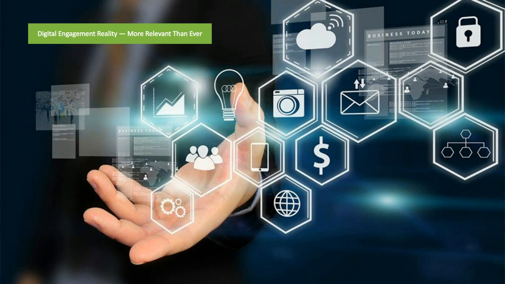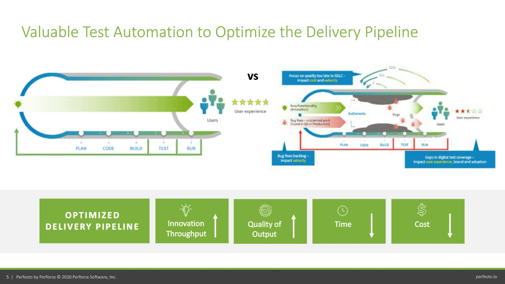So in order to ensure good digital engagement with your brands, with your end users, you need to have a very optimized delivery pipeline. What I mean by that is you want to have as high innovation throughput and quality through the delivery pipeline as possible. But to do so, you need to have a robust test automation and high quality of deliverables throughout the different stages of the famous test pyramid: the unit one, the integration, the API, the UI, and everything else, including the non-functional layers.